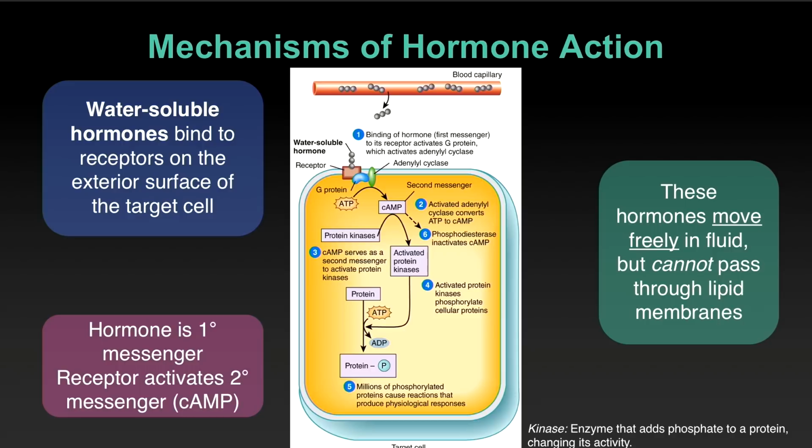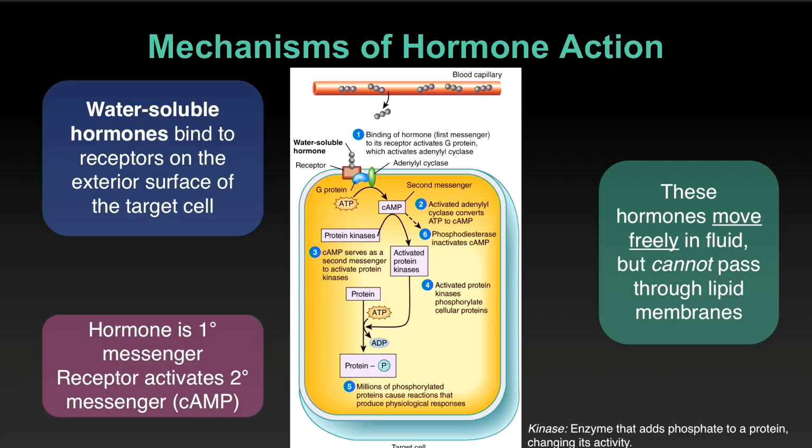Hormone is the first or primary messenger. It binds to a receptor, and usually what will happen is that receptor changes shape slightly. And that turns on something inside the cell and produces a second messenger. We're not going to go through the mechanics of how or what that signal is, but the second messenger is almost always this thing here called cyclic AMP.